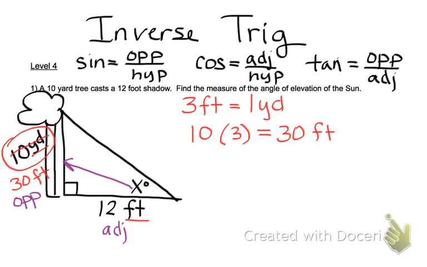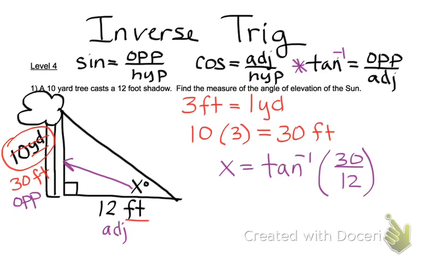And since we're trying to find an angle, I'm going to use the inverse, tangent inverse. So my angle equals tangent inverse of my opposite side, which is 30, over my adjacent side, which is 12.